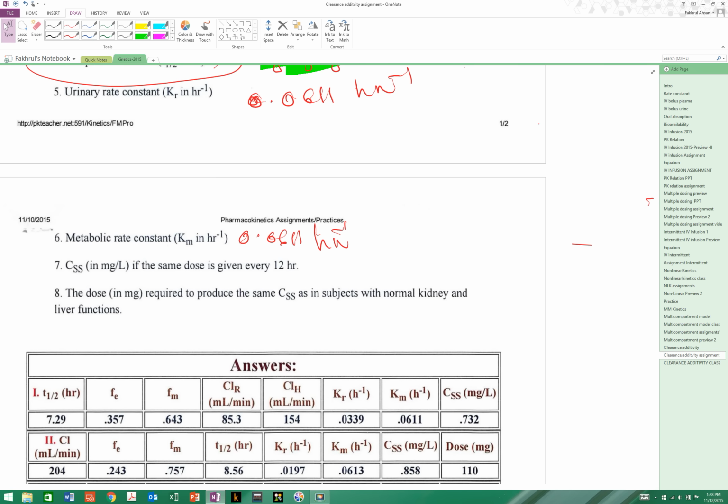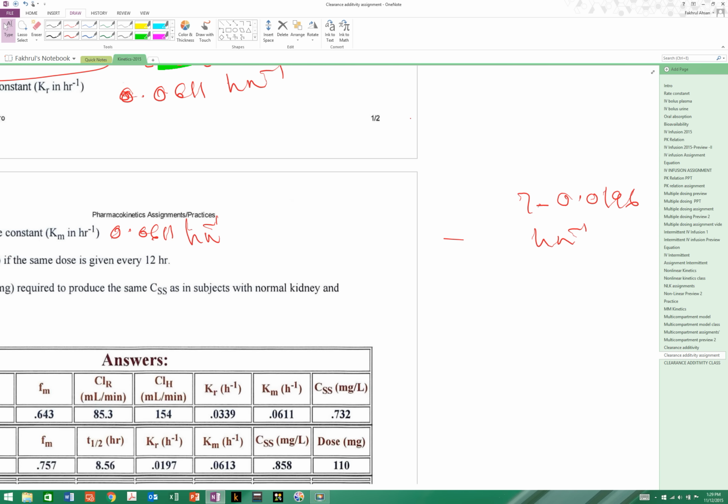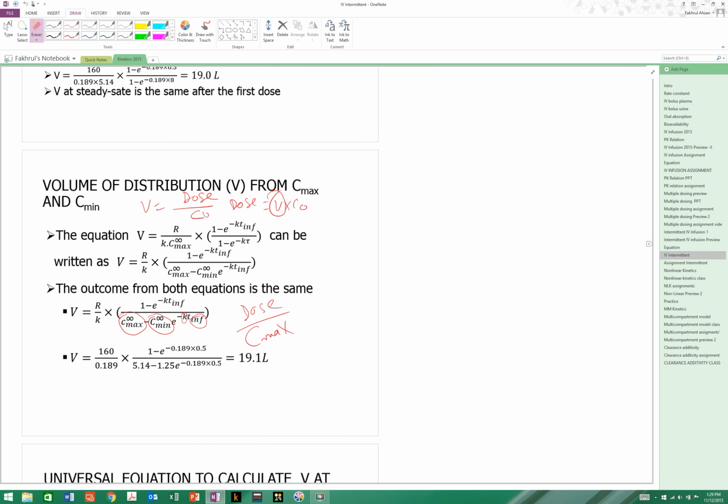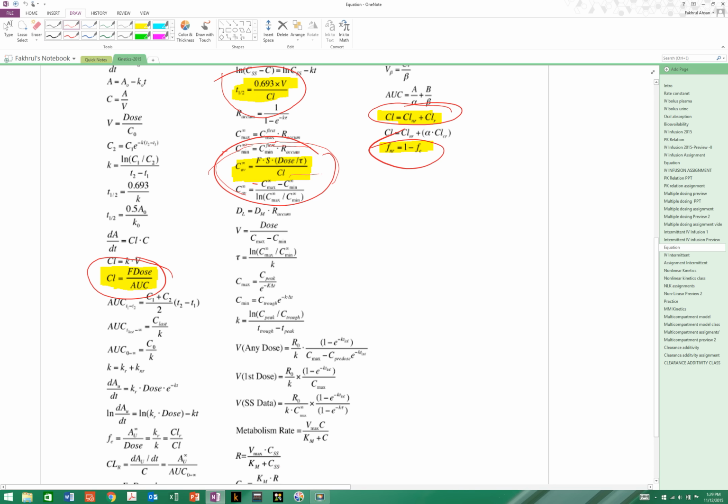So now finally we have to calculate CSS if the same dose is given every 12 hours. To calculate CSS, the steady state concentration, that means you have to calculate C average. Again we use that equation.